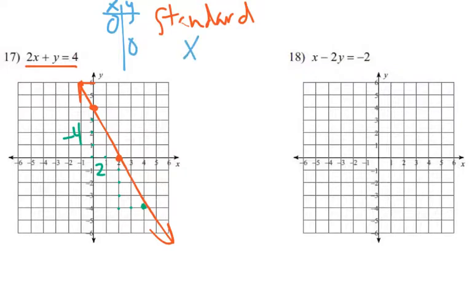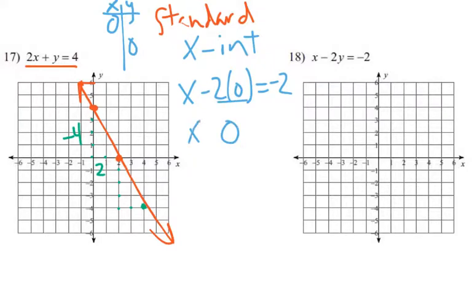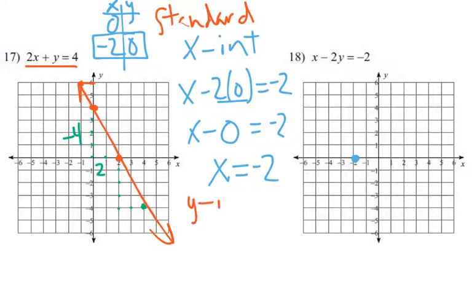So for that x-intercept, we keep the x and we make the y 0. Okay, so negative 2 times 0 is still 0. So we get x equals negative 2. So there's our x-intercept. So negative 2, there's our x-intercept. Then we do it for the y-intercept. So we make x 0.